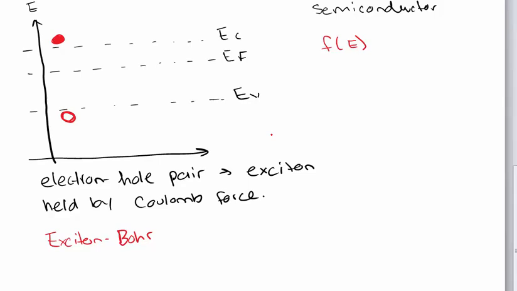Since this is very similar, the exciton Bohr radius is the electron hole pair separation, and this is something on the order of 2 to about 20 nanometers. Okay, so again, much like the hydrogen atom, the separation between the electron and the hole.